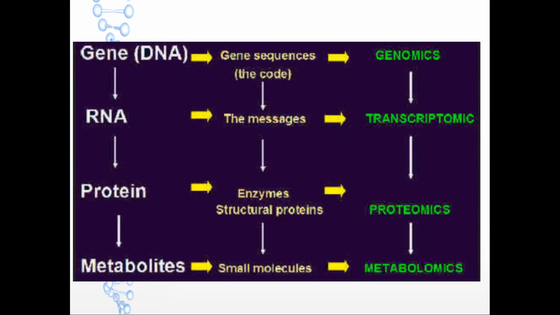And then on the transcriptomic side, you have the bosses, the plant managers, the managers and the supervisors doing the planning, telling the workers to make this type of product, this variant of the product, do this and do that. So they are somewhat like the implementation side, but the actual workers are the proteins. Now that's the proteomic side. And then we have the metabolomics, which is the actual product output.